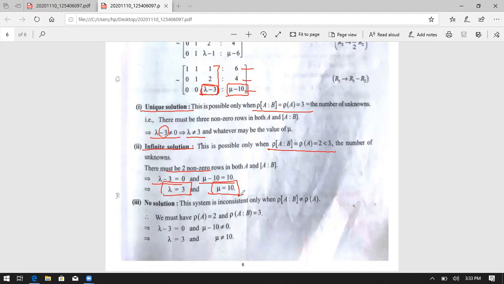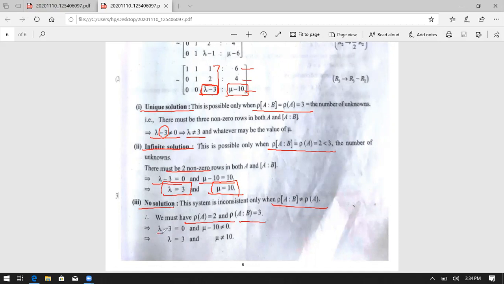Next, go to the third one, that is no solution. No solution means the rank of AB is not equal to rank of A. Remember this one? Then you write here rank of A is equal to 2, then rank of AB is equal to 3.